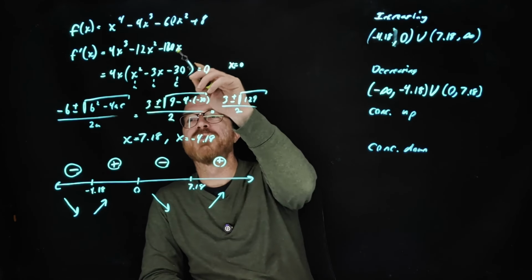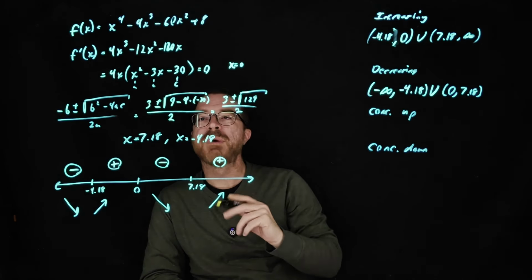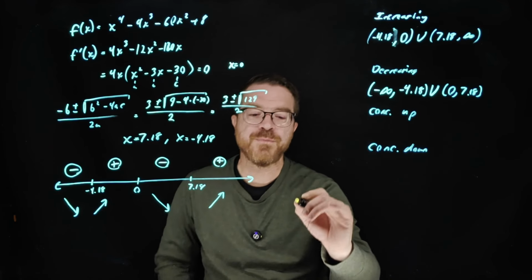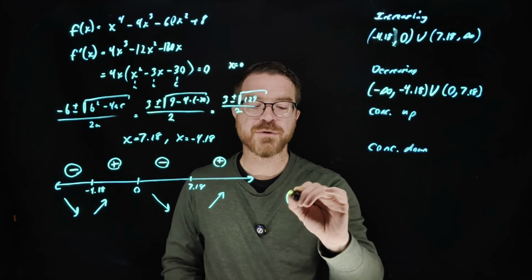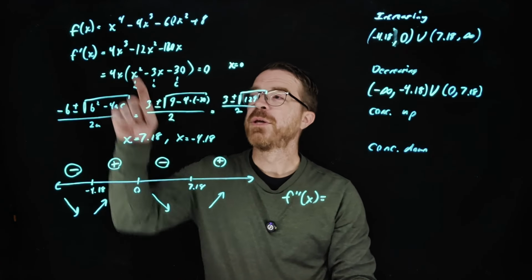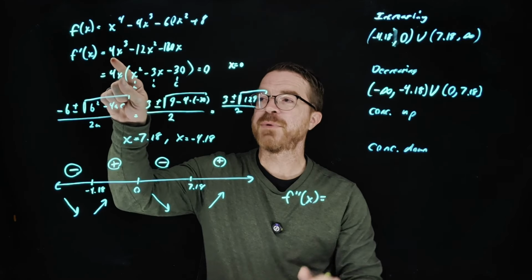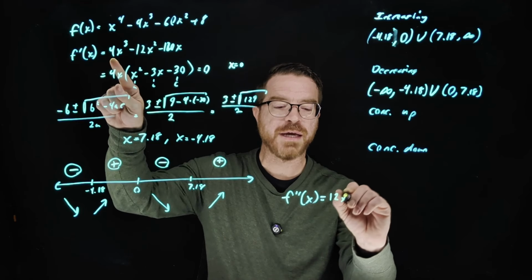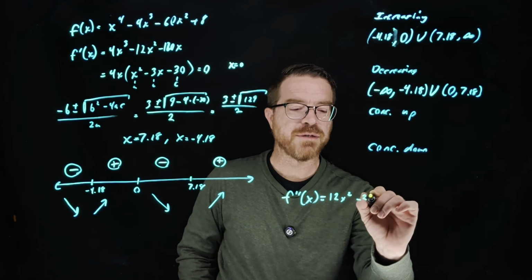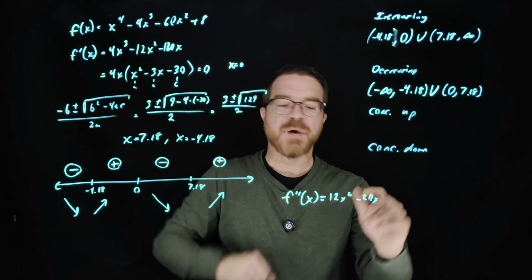So going back to our derivative, we had 4x cubed minus 12x squared minus 120x. So what I'm going to do is I'm now going to find my second derivative by taking the derivative of my derivative. So 4x cubed, I'm going to bring the 3 down. This is going to be 12x squared minus, I'm going to bring the 2 down, so minus 24x, and then minus 120.